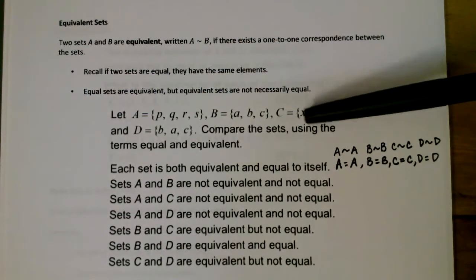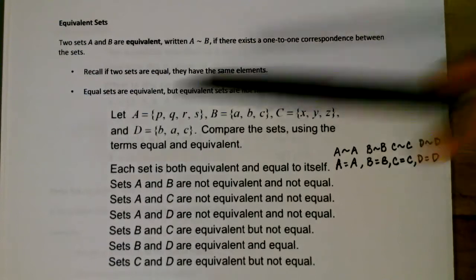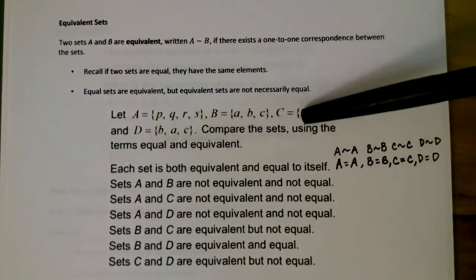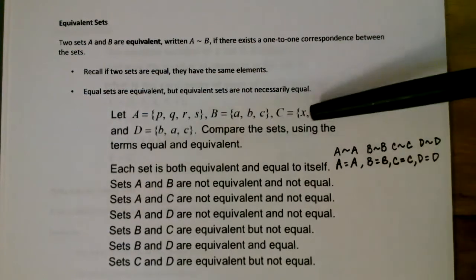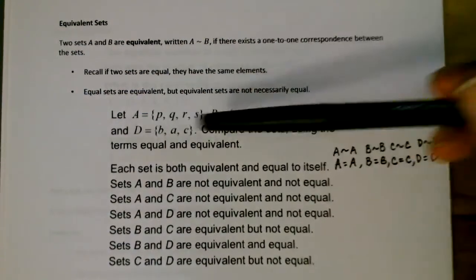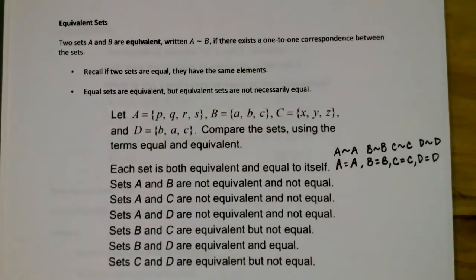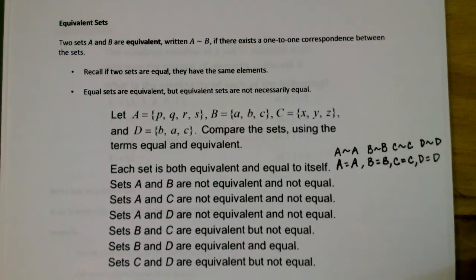Unfortunately, they're not equal. They're equivalent because I can come up with a one-to-one correspondence with set C and D, but not equal because what's in D is not in C, and what's in C is not in D.